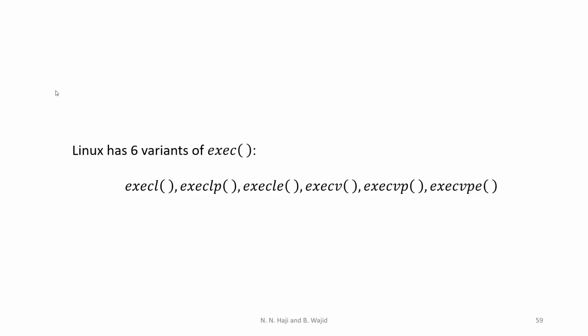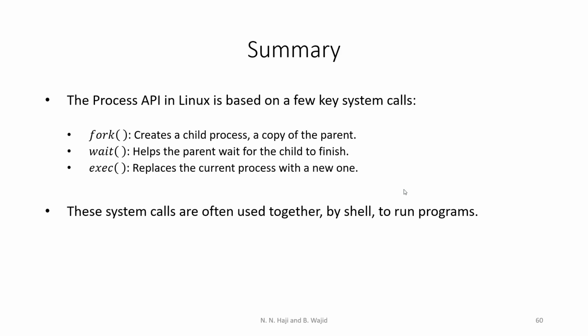There are 6 variations of exec. We used this particular one, but there are others as well. So in this lecture, we learned 3 key system call APIs in Linux. The first is fork, which creates a child process, a copy of the parent whose execution starts from fork onwards.